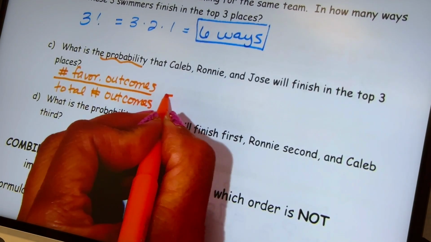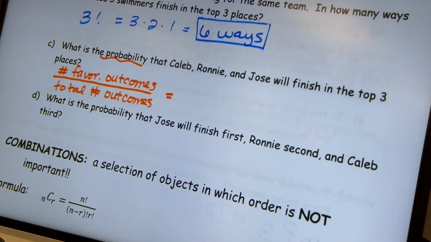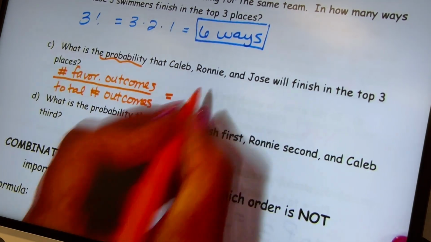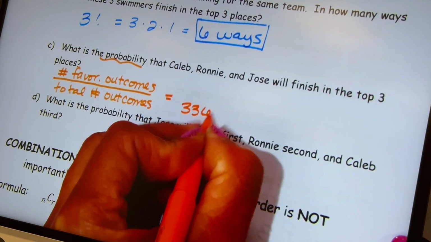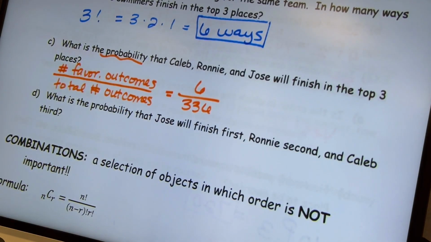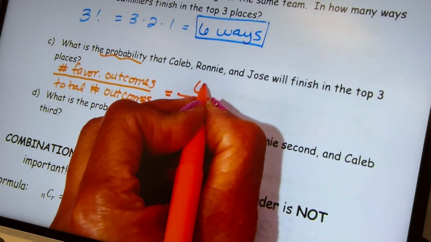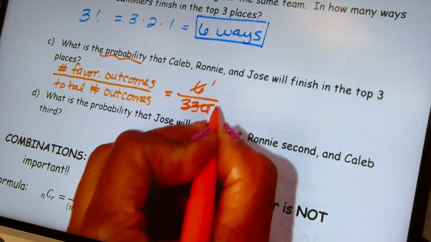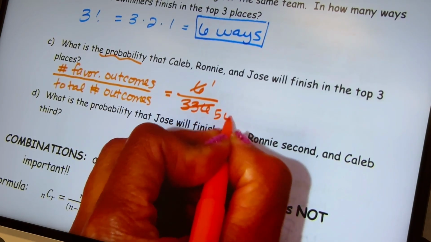Well here, what are our total number of outcomes? How many ways? 336. And how many of those ways would be Caleb, Ronnie, and Jose getting first, second, and third? 6. So 6 out of the 336. And actually this reduces because 6 goes into itself once and it goes into 336 56 times.